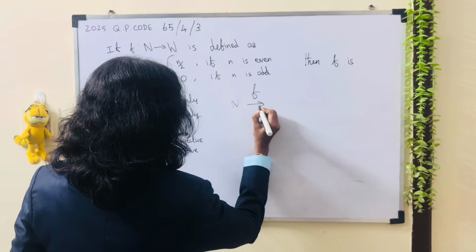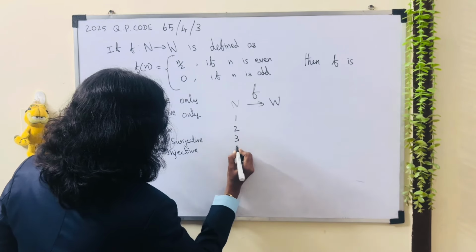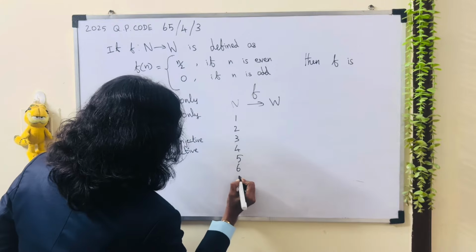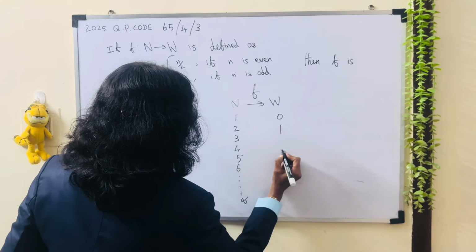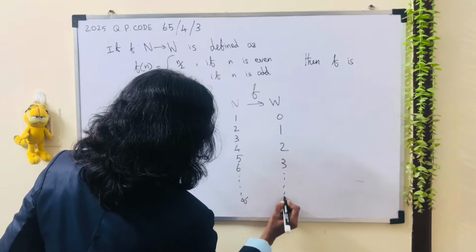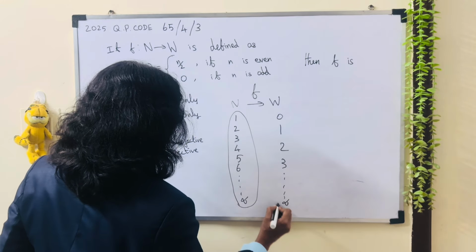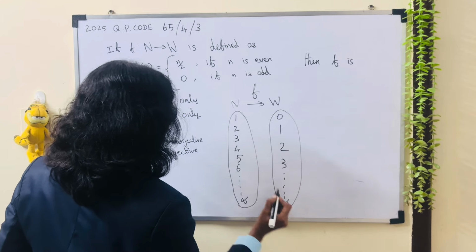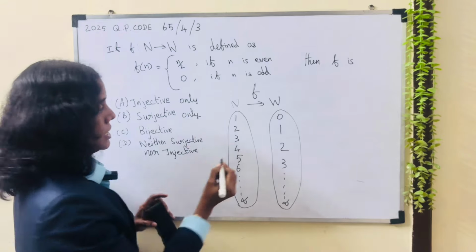Natural number to whole number, that is 1 2 3 4 5 6 up to infinity. Whole numbers is 0 1 2 3 up to infinity. n is odd, f of n is 0.